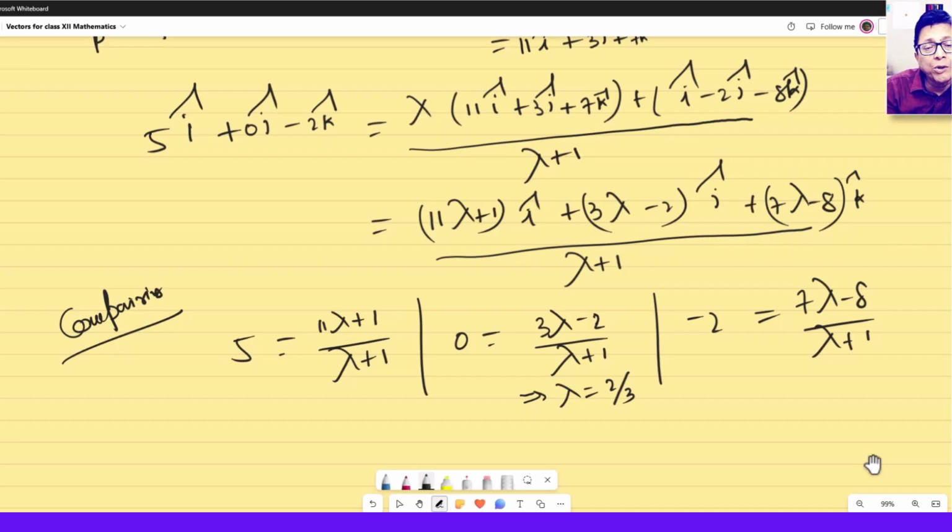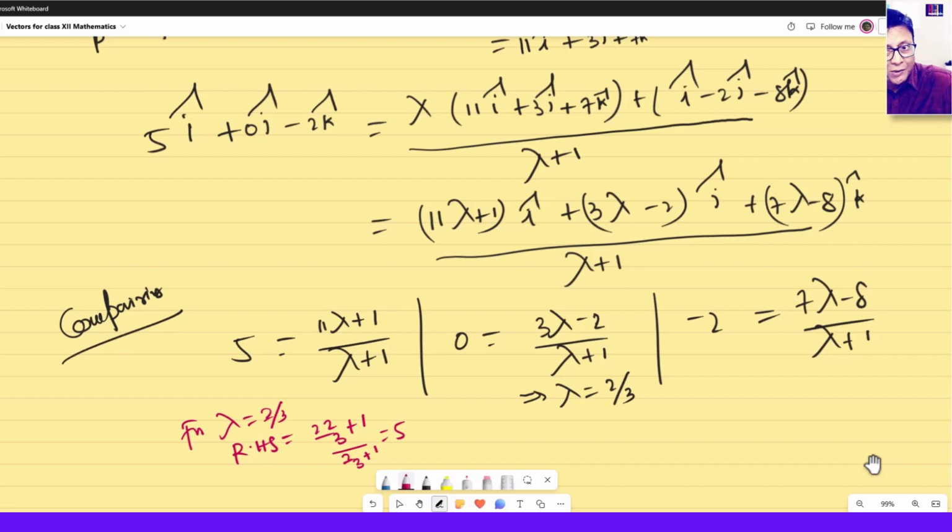For lambda equal to 2/3, what you get here? For lambda equal to 2/3, RHS for this: (22/3 plus 1) by (2/3 plus 1), that is 25/5. It is 5, and here 5 equals 5, satisfied.